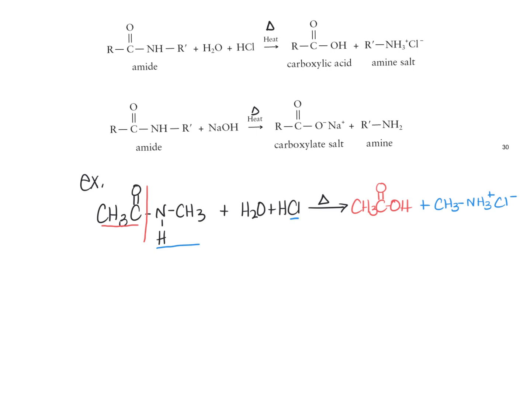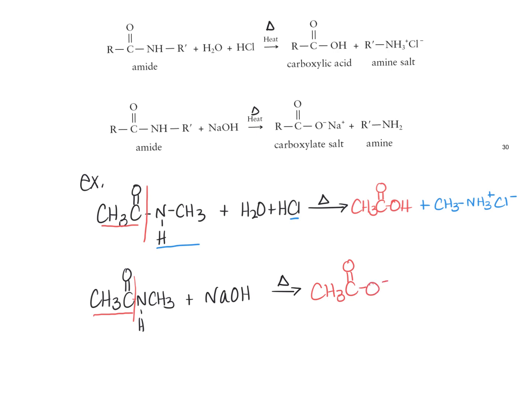When we go through and react it with a base, we are going to heat it again. And again, you need to come here and split this. And what's going to happen is we're going to end up with a CH3, C double bond O here, and then you're going to have an O minus.